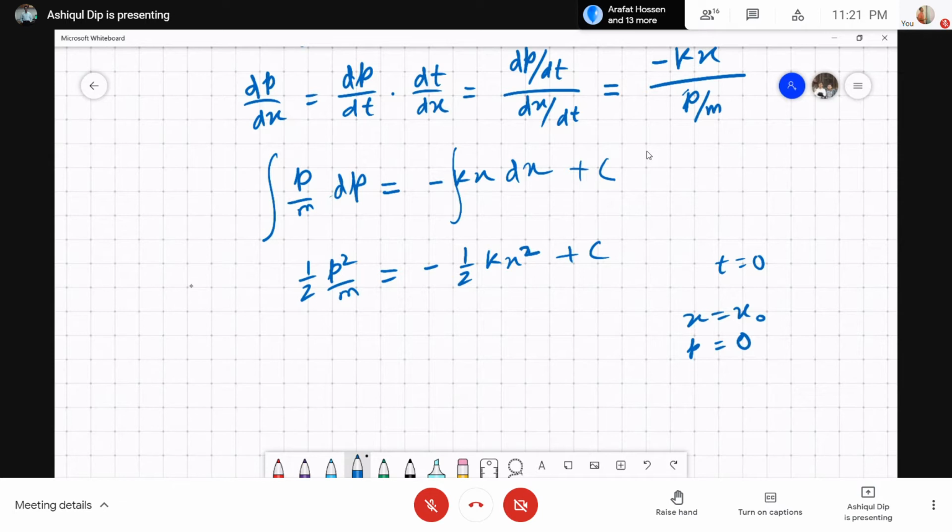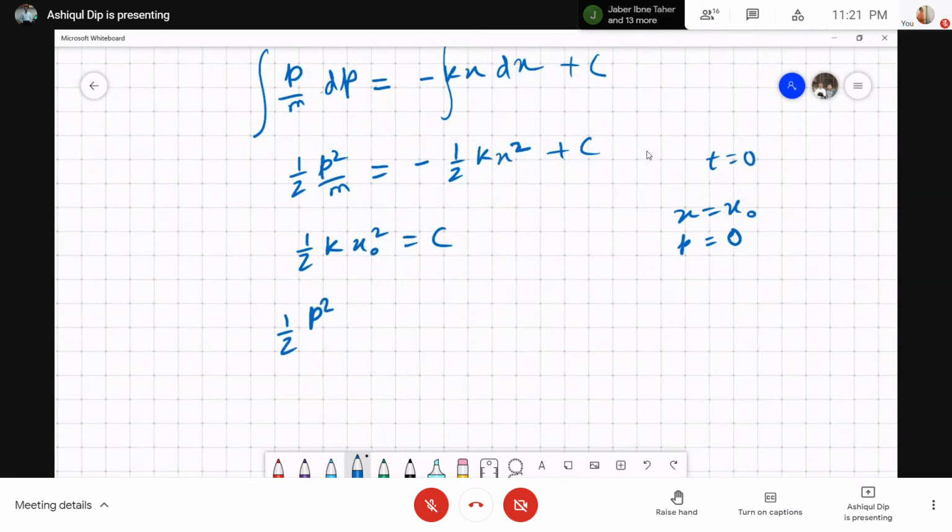Then what would be your c? Well, here x dot equals 0, right? At t equals 0, p equals 0, right? So you have half k x naught square equals c.